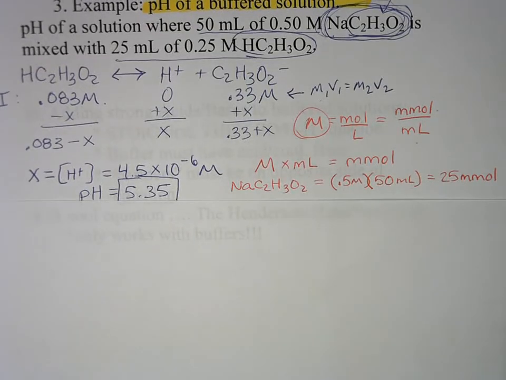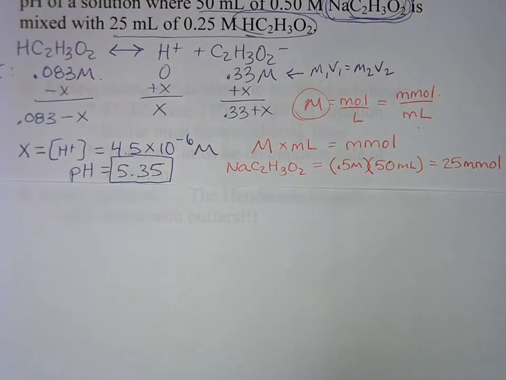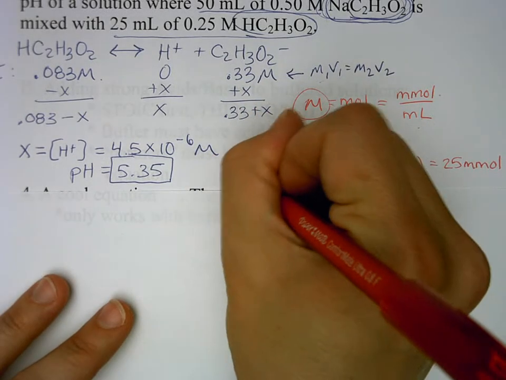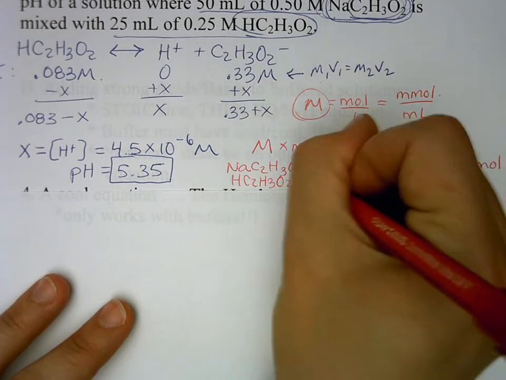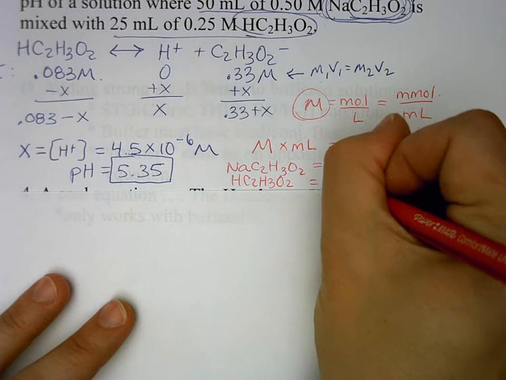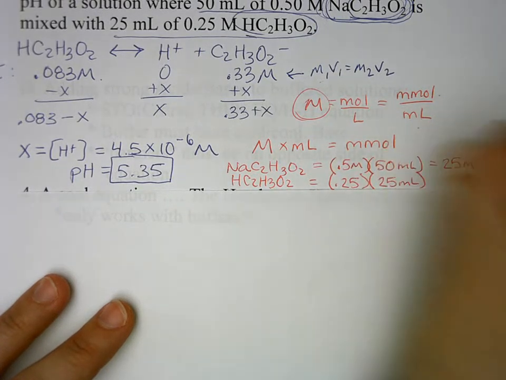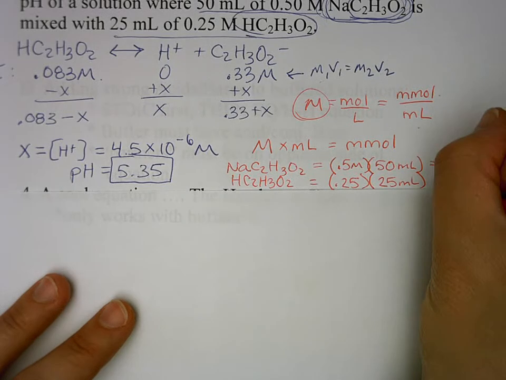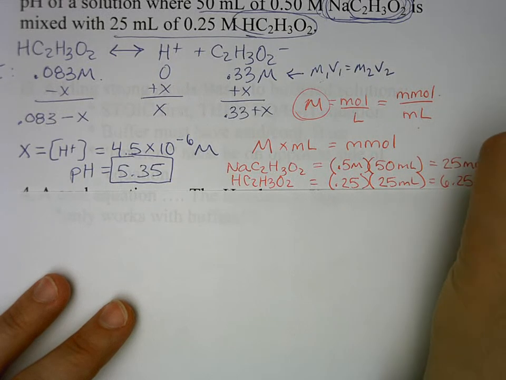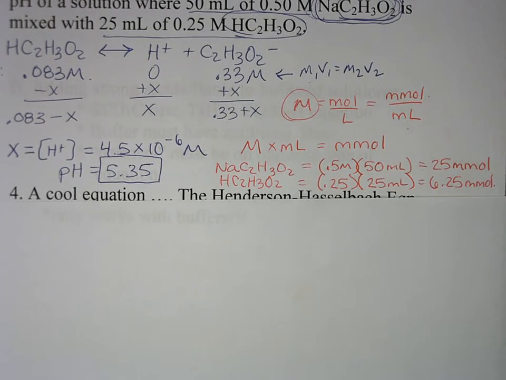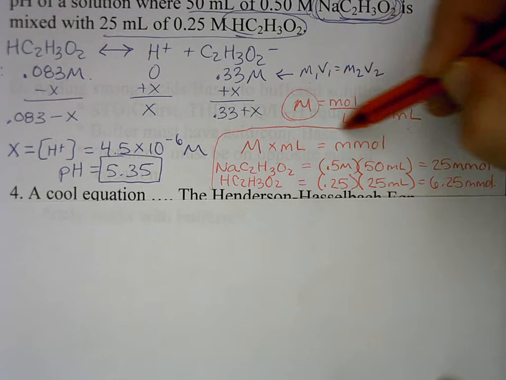And then if I do the same thing for the acetic acid, my molarity for the acetic acid was 0.25, and my milliliters of that is 25 milliliters. That gives me 6.25 millimoles of acetic acid. Okay, so that's just a side note right now. We'll use that more in a minute.